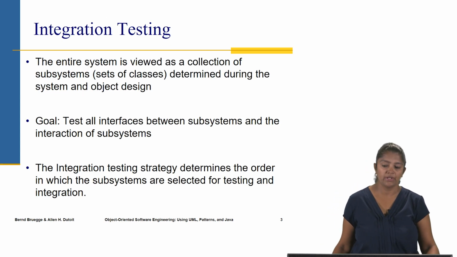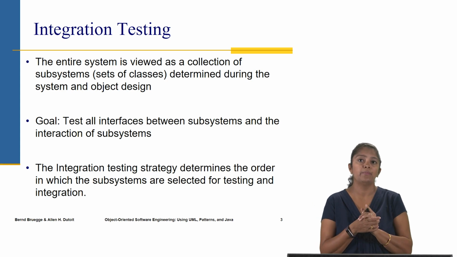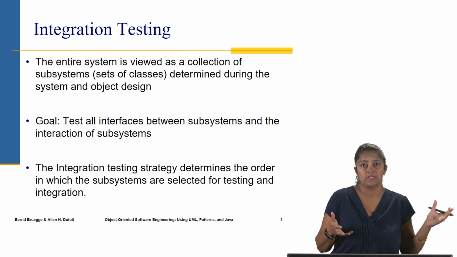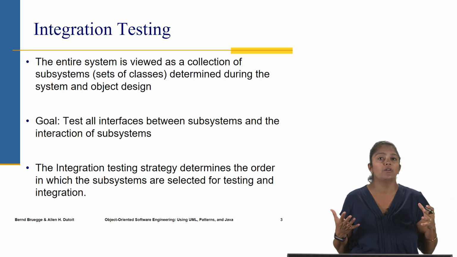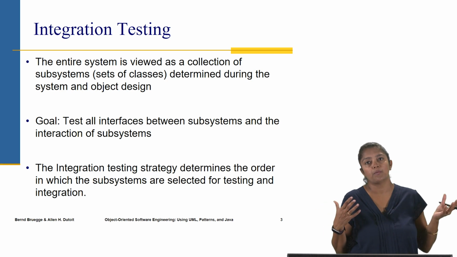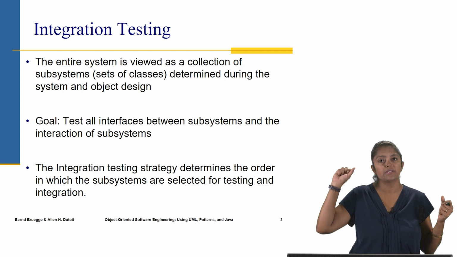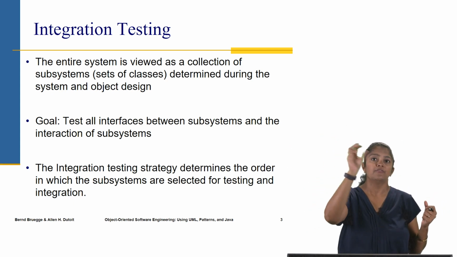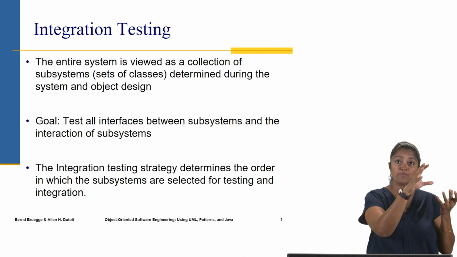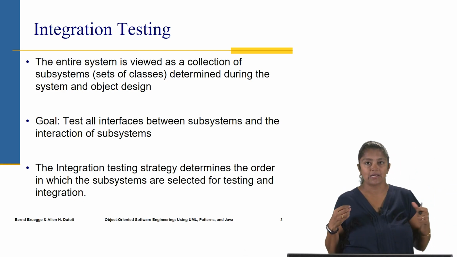So basically the idea with integration testing is that an overall software system could be a collection of multiple subsystems, and each subsystem could be a set of classes or units, and all of this is determined during the system and object design. In the software development life cycle, we always start with requirements analysis, followed by a high level system design, followed by a detailed design which includes object design, and then the implementation is done, followed by testing.